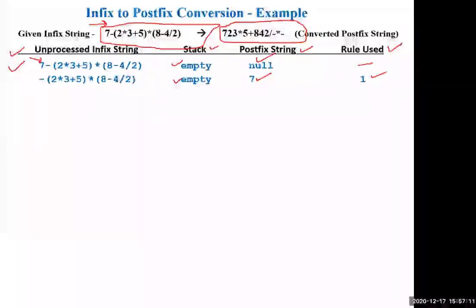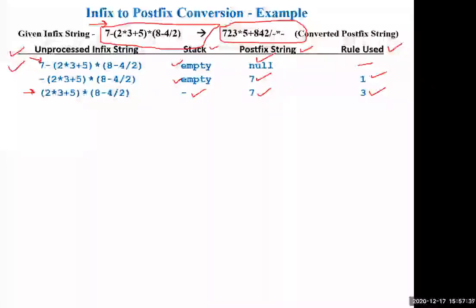Next is minus, which has to be processed. As per rule 3, if an operator is encountered in the incoming string and the stack is empty, push it onto the stack. That's why this minus is pushed onto the stack. The postfix string remains as it is, 7, and this is our unprocessed infix string.